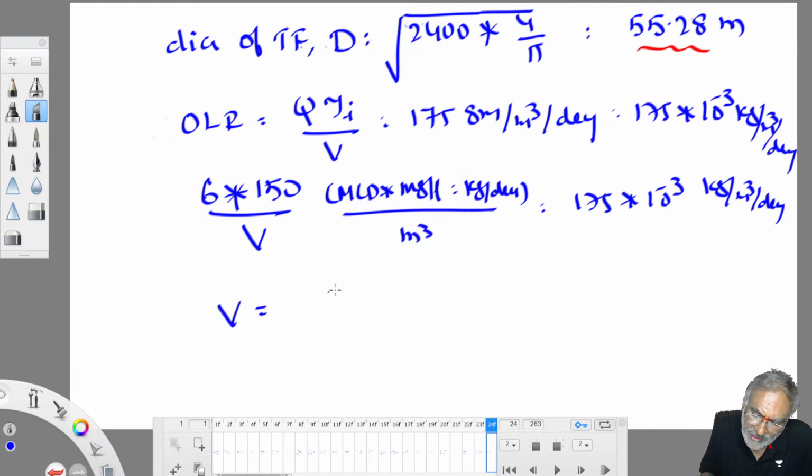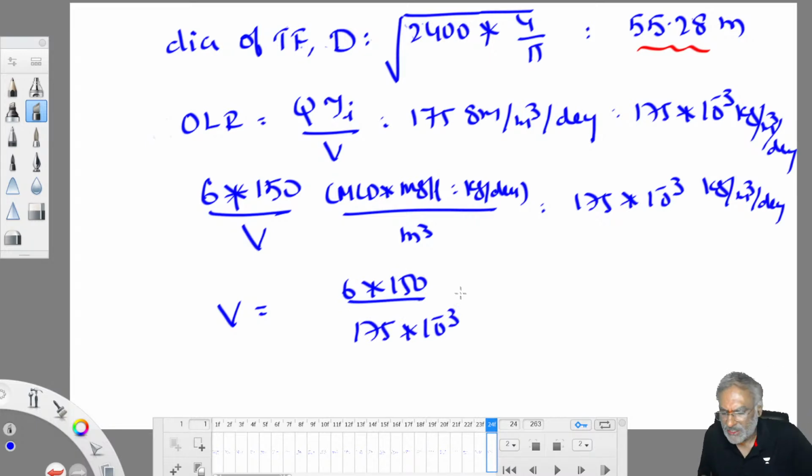Therefore volume of trickling filter is equal to 6 into 150 by 175 into 10 power minus 3. Straight away we will get the answer in meter cube. So 6 into 150 by 175 into 10 minus 3, grams into kilograms.